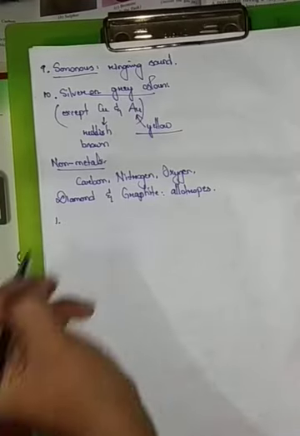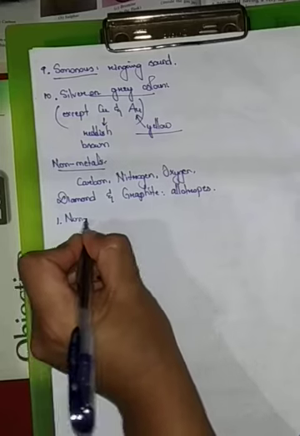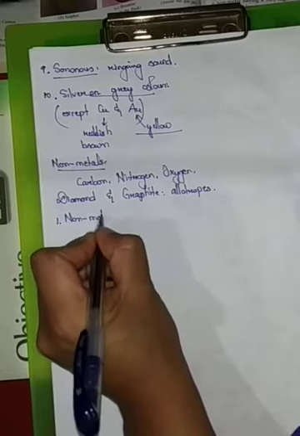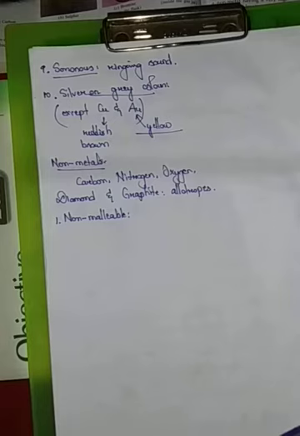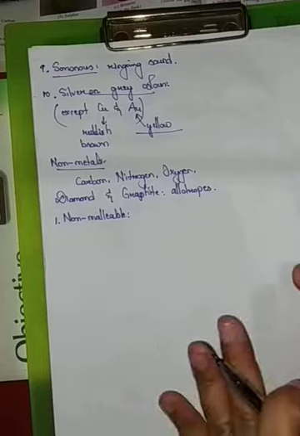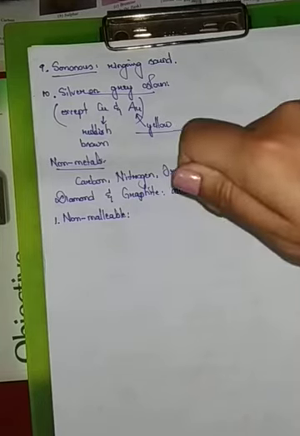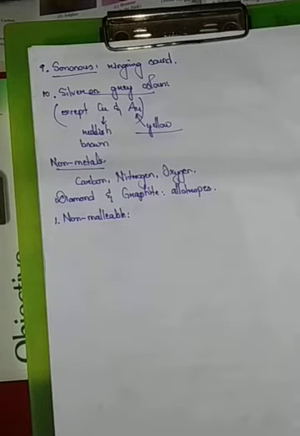The first one: non-metals are non-malleable, just the opposite of metals. That means non-metals cannot be beaten into thin sheets with a hammer. The moment you hit a non-metal, it will break up into numerous small pieces.